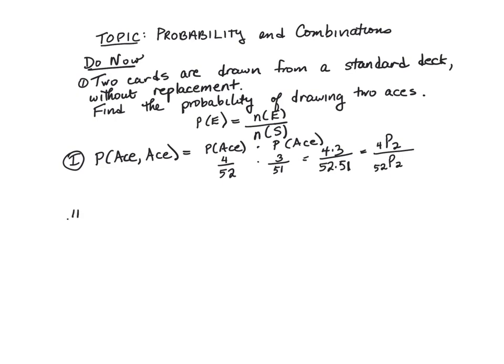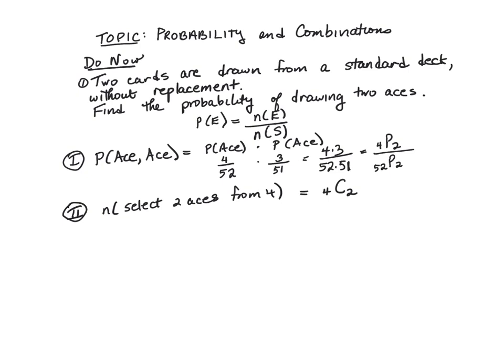So the number of ways to select 2 aces from 4 would be 4 choose 2, because here order doesn't matter.